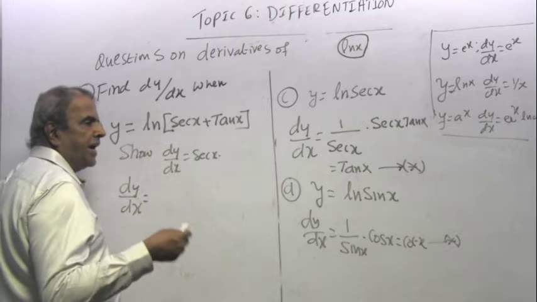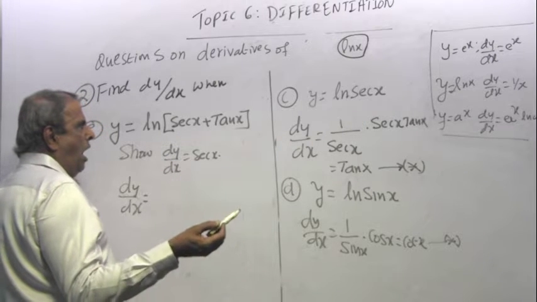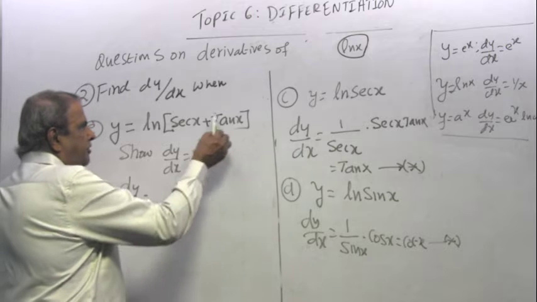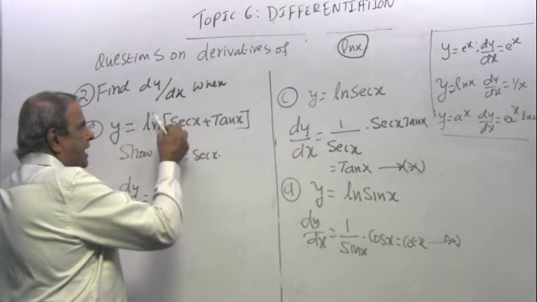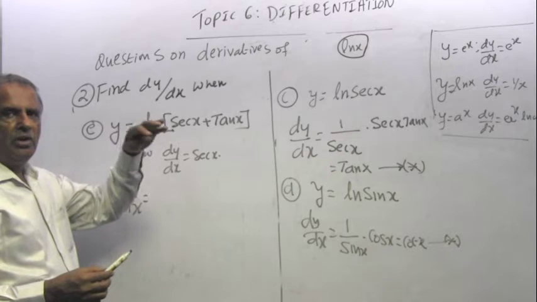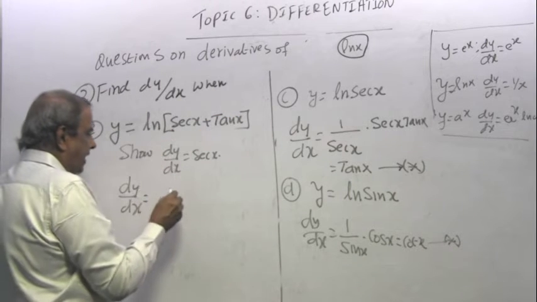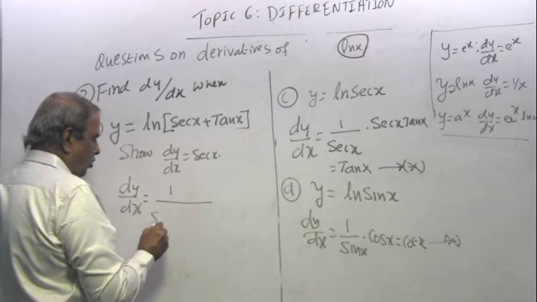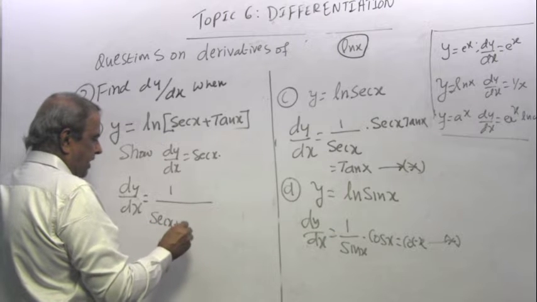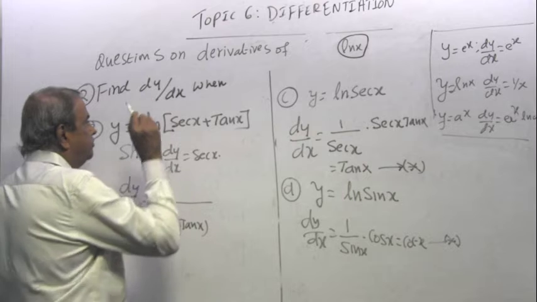When you want to find the value of y when x is pi over 4 or pi over 3, first find the value of that, then take ln. So for differentiation, onion rule, start from the outside. The outer layer is ln. ln gives you 1 over sec x plus tan x. That takes care of the ln.